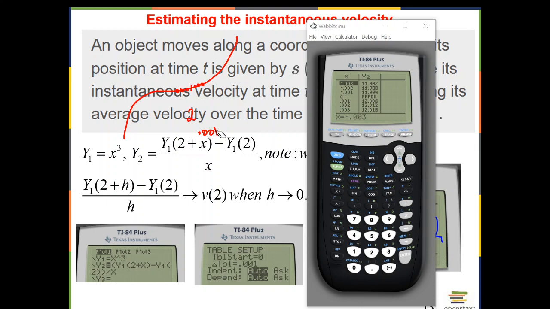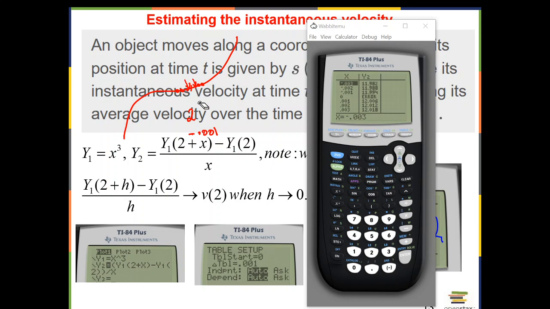But if you're close to 0, let's say h is 0.001, then the slope would be 12.006. If x is negative 0.001, then the slope is 11.994. So if you're over here, the slope is 12 point something. If you're over here, 11.99 something.